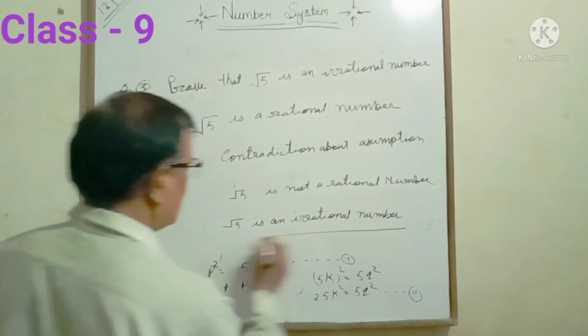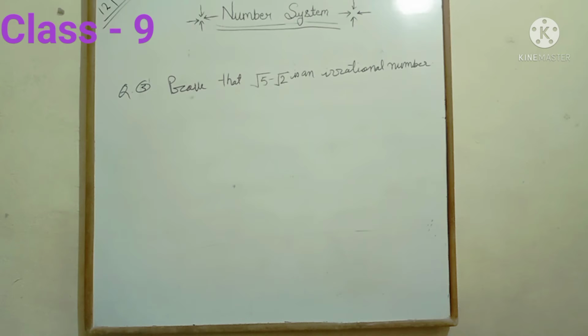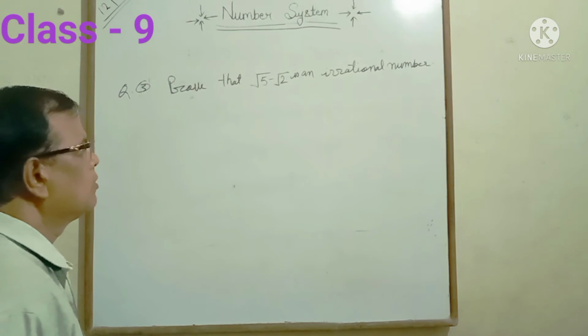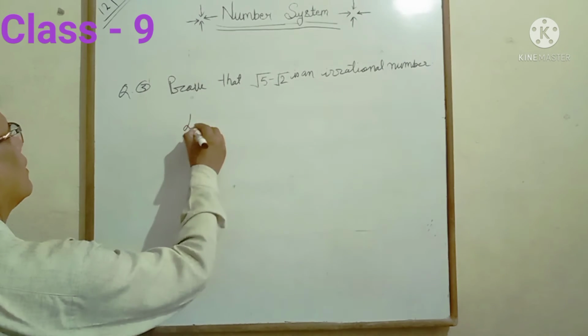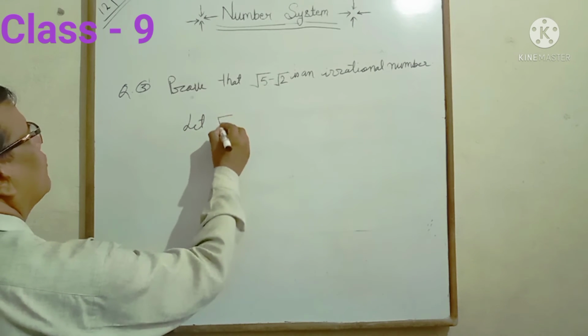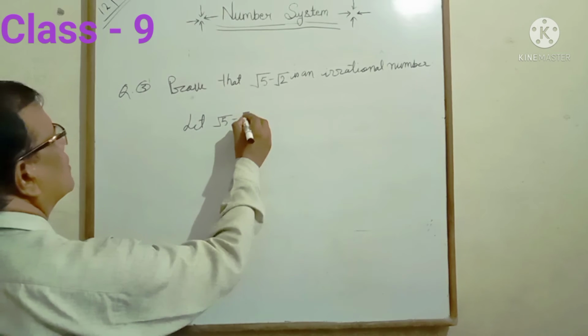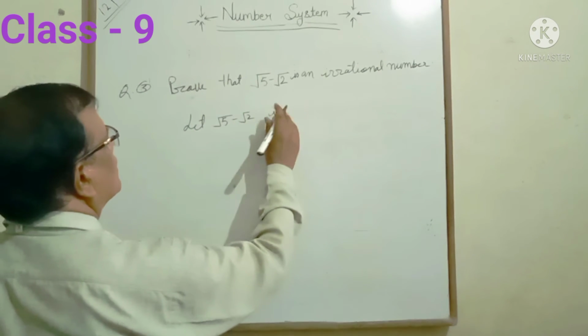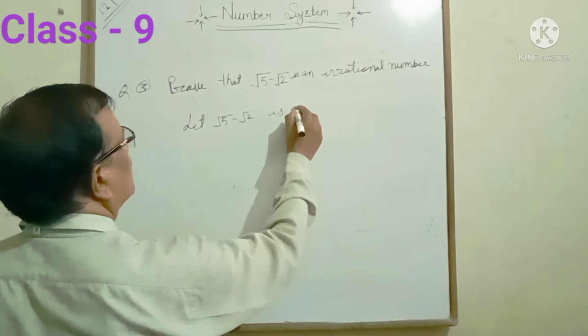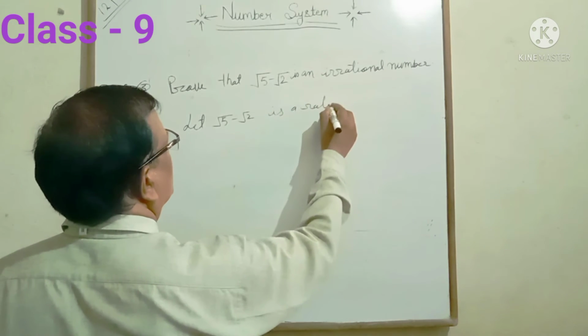Now we are going to prove that root 5 minus root 2 is an irrational number. Let root 5 minus root 2 be a rational number.